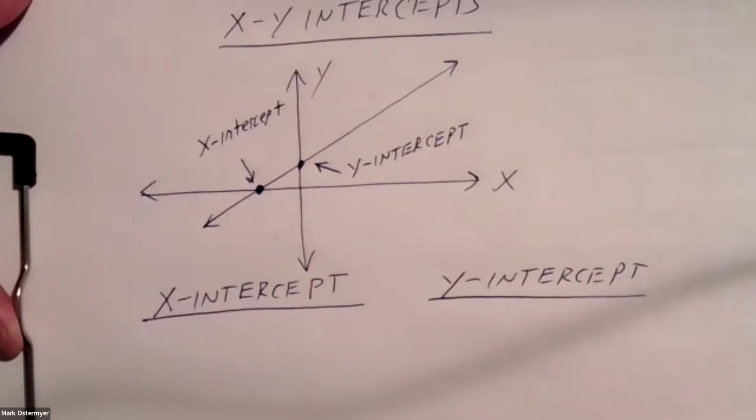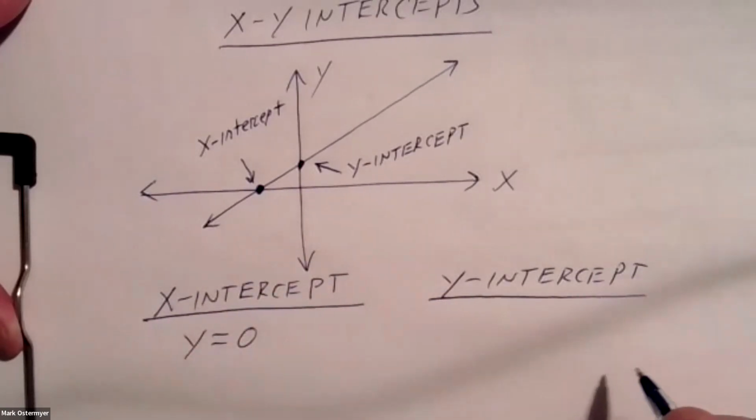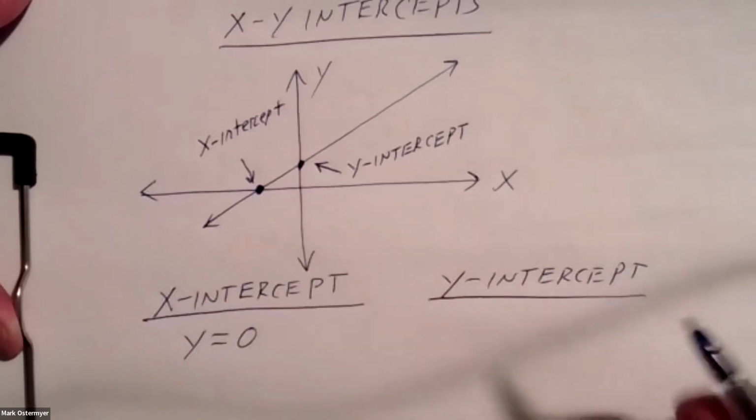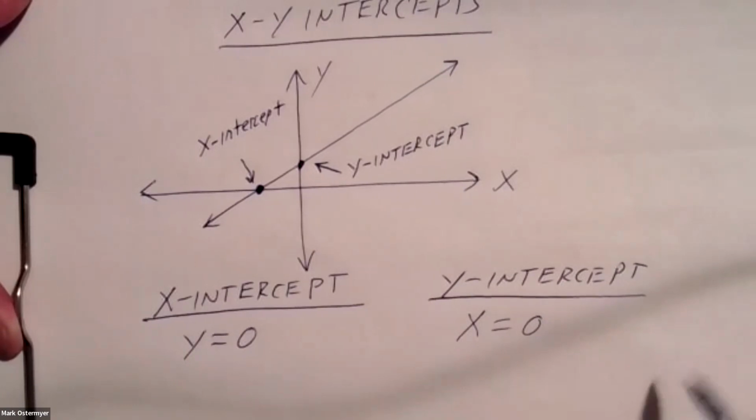Well, if a point's going to be on the x-axis, the y coordinate has got to be equal to 0. Otherwise, that point's not going to be on the x-axis. Y-intercepts lie on the y-axis, therefore its x-coordinate must always be 0. Otherwise, it's not going to be on the y-axis. So this provides a way to find x and y-intercepts. You always set the other variable equal to 0. To find an x-intercept, you set y equal to 0. To find a y-intercept, you set x equal to 0.